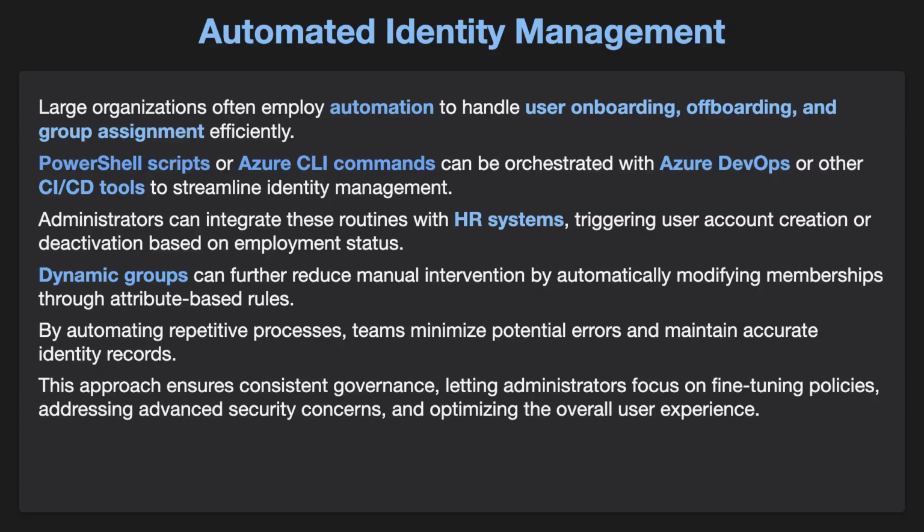Large organizations often employ automation to handle user onboarding, offboarding, and group assignment efficiently. PowerShell scripts or Azure CLI commands can be orchestrated with Azure DevOps or other CI/CD tools to streamline identity management. Administrators can integrate these routines with HR systems, triggering user account creation or deactivation based on employment status.